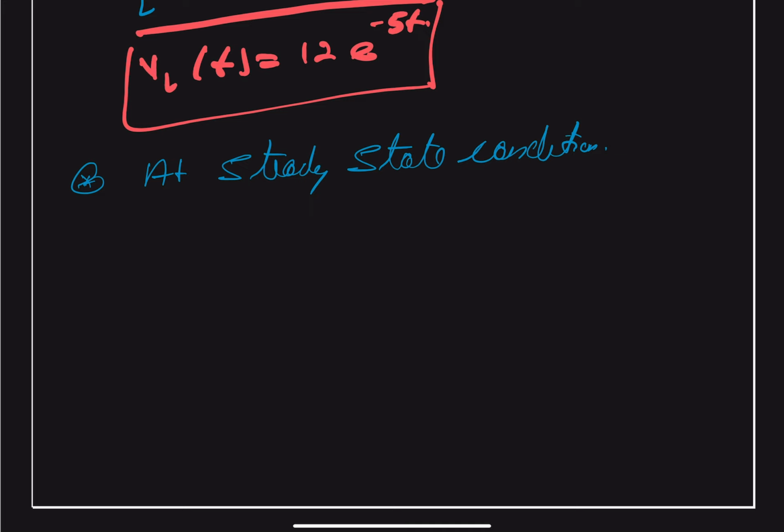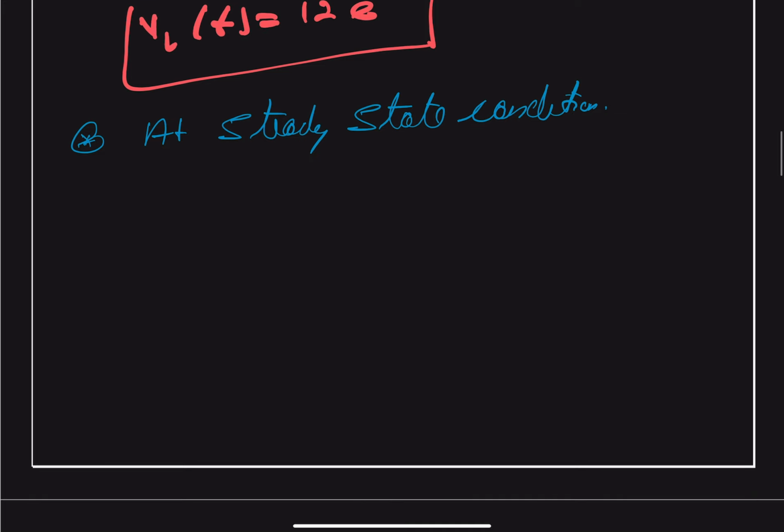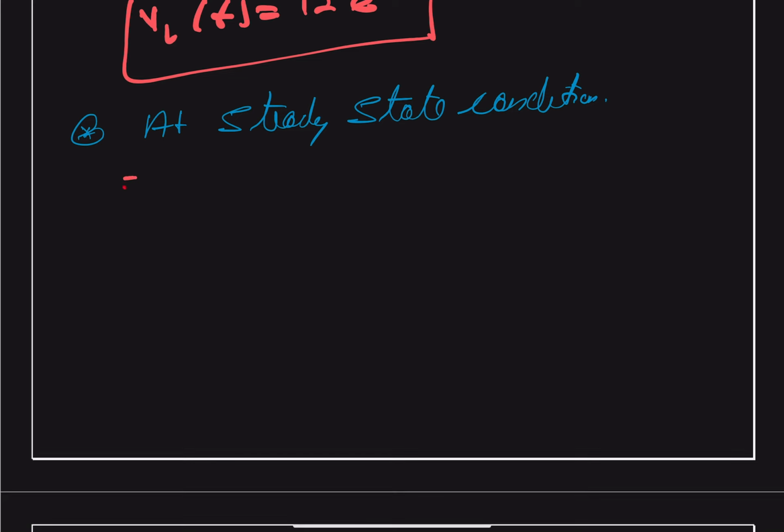So steady state condition means, in this case, we can write the circuit was in steady state before the switch is opened.